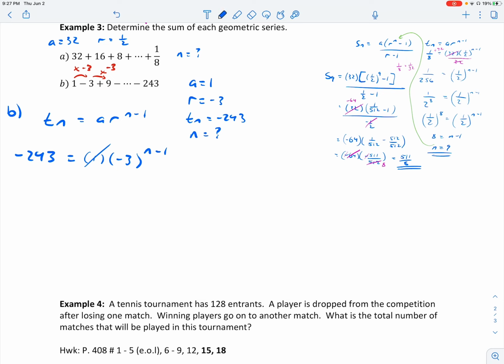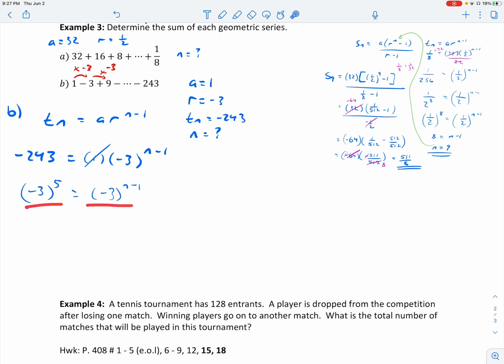So negative 3 to what exponent gives me negative 243? So I know 4 gives 81. 81 times 3 would give us 243. So that would be a total of 5. So for this to be true, n must be 6, right?